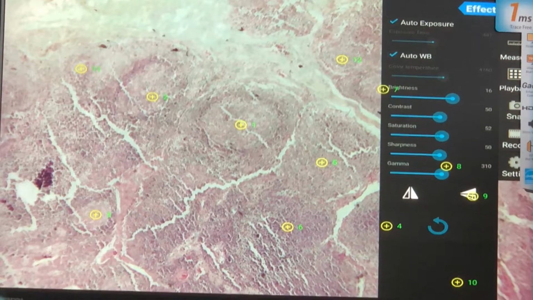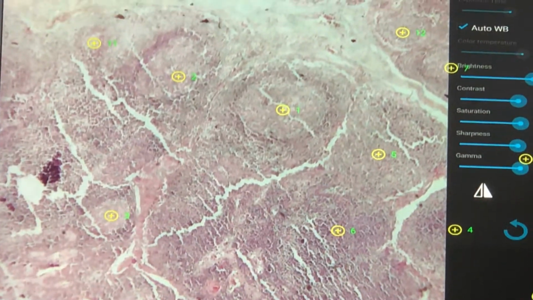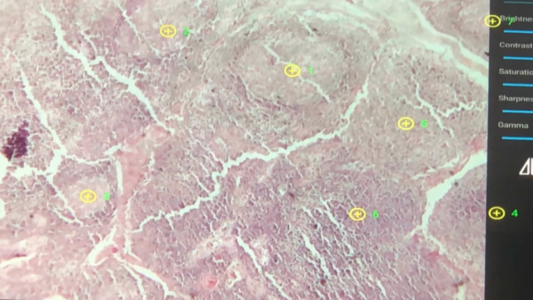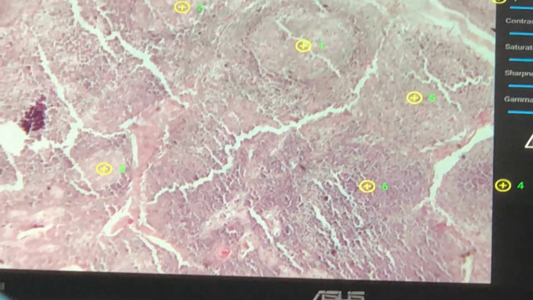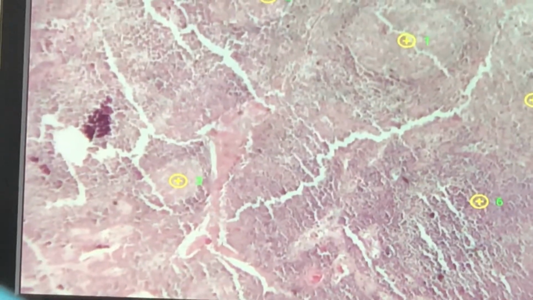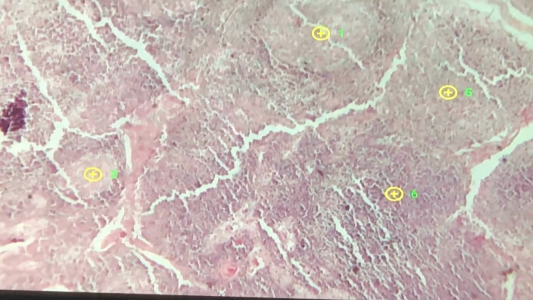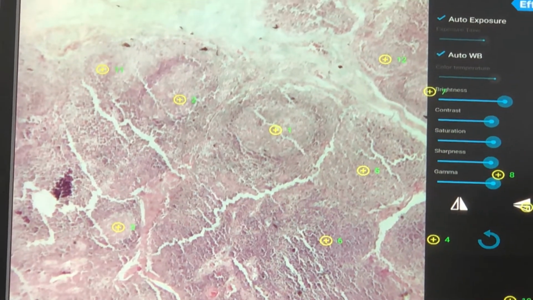Rarely you will see a lymphoid follicle in the center of the lymph node. So when you see lymphoid follicles in the center when you biopsy a lymph node, and that lymph node contains no malignant formation, it's basically lymphoplasmacytic cells. So this is lymphoid hyperplasia.